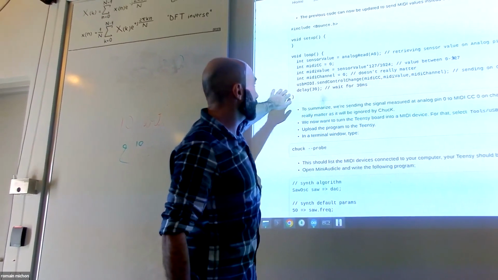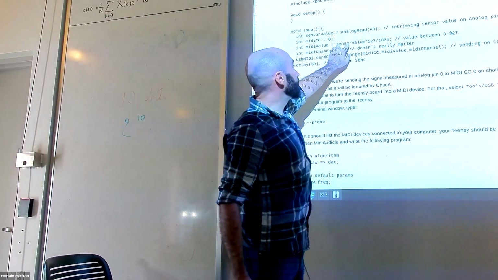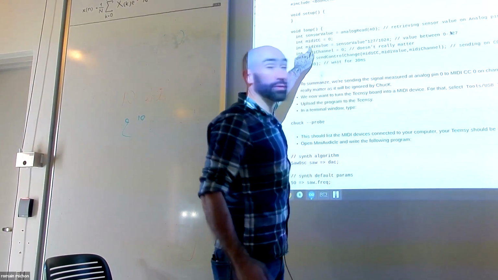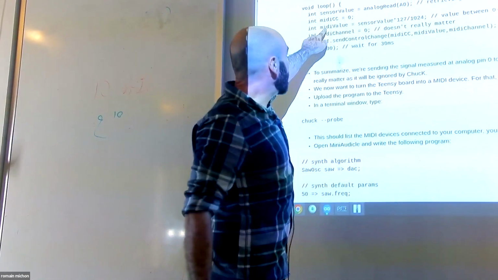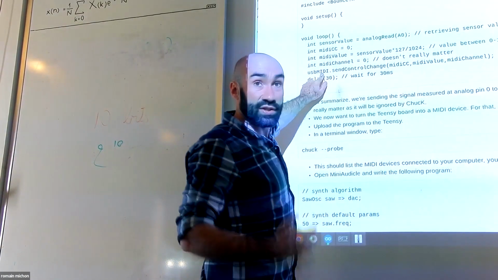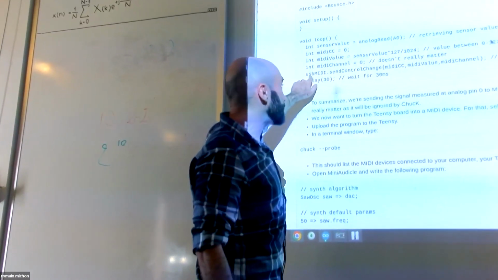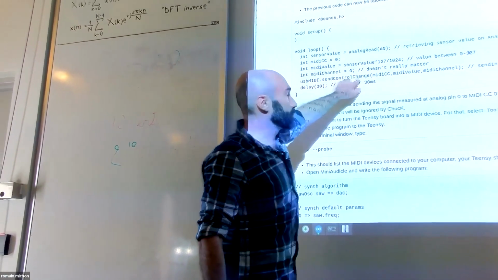Essentially what you do is you do analog read, then you do some mapping and scaling, then you get your MIDI value. A MIDI value is a number between 0 and 127. And then we use this library, which is part of the Teensy environment, the USB MIDI library, and you just say usbMIDI send control change.